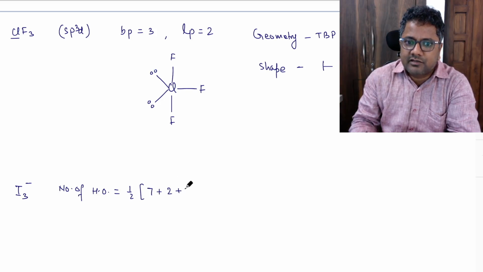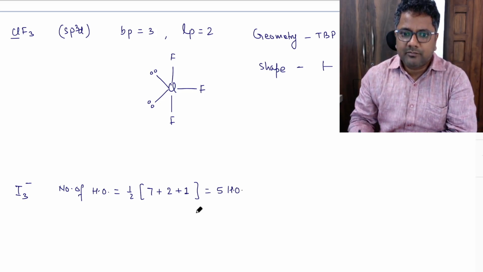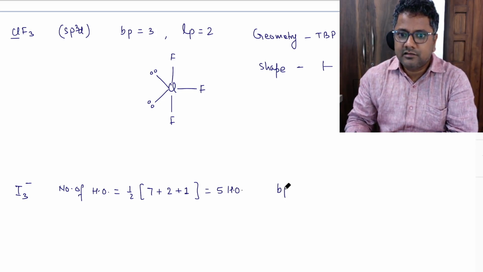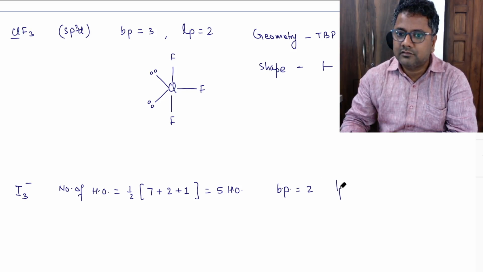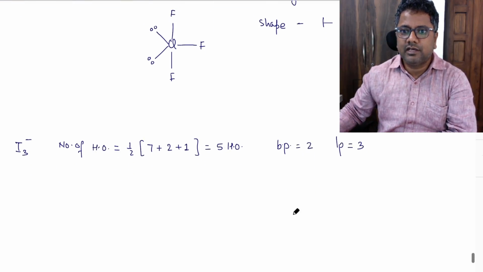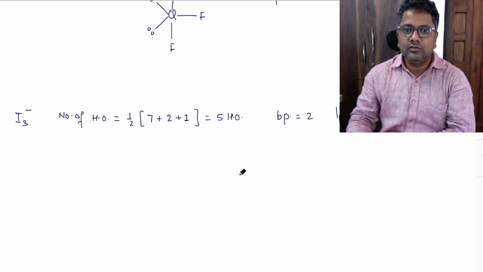So you will get 5 hybrid orbitals, in which the bond pairs are 2 and lone pairs are 3, right? So again you have to use Bent's rule.